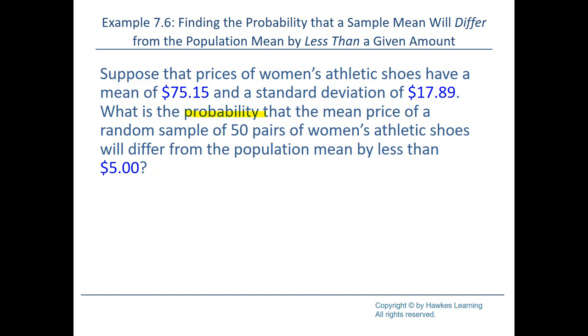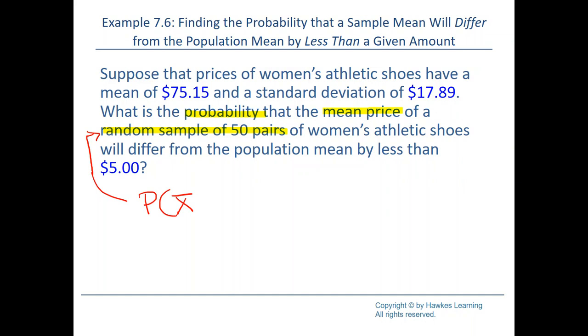So we know we're looking for a probability that the mean price, the average price of a random sample of 50 pairs. Right away, I'm pointing out these words because these are really important words. This is what's telling me that we're looking for the probability of X bar.